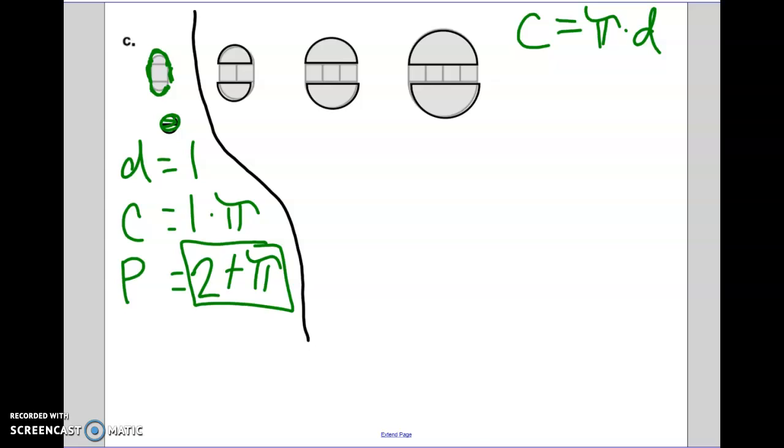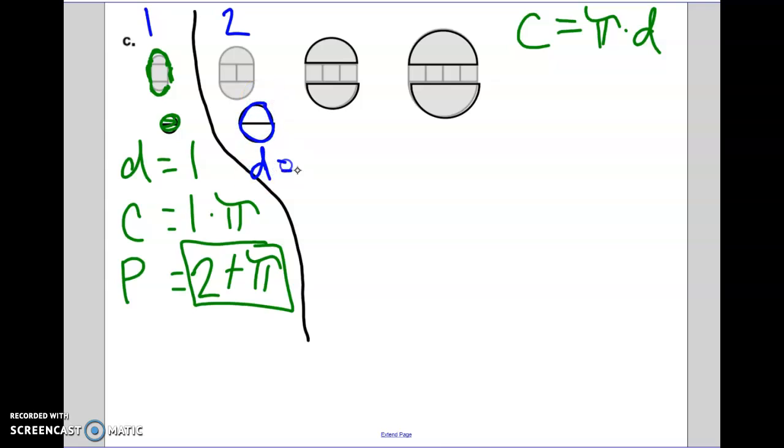We're going to do it again for, that was our first one, we're going to do it again for our second one. So the diameter of, if I were to take this half circle on top and this half circle on the bottom and put it together, now I want to find the circumference of that whole thing.